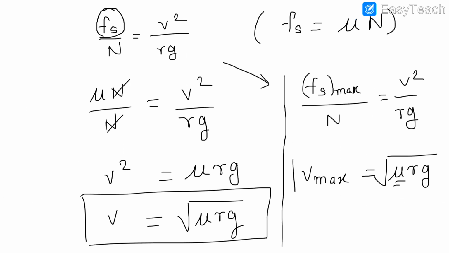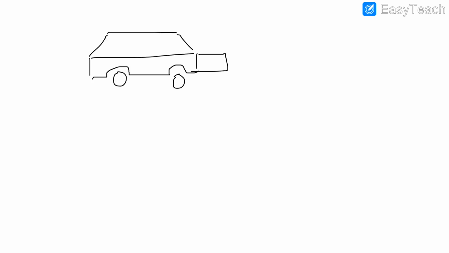Now if we consider a vehicle, it has 4 tires. Here I am showing only 2 tires. On every tire there is a different force, because the vehicle is moving or taking a turn towards this side.